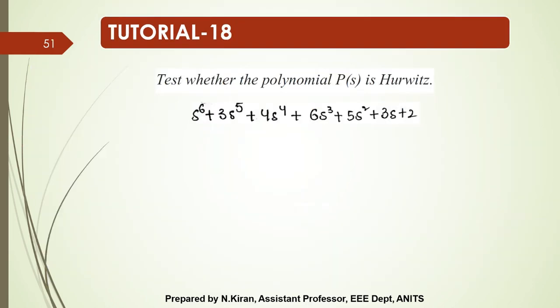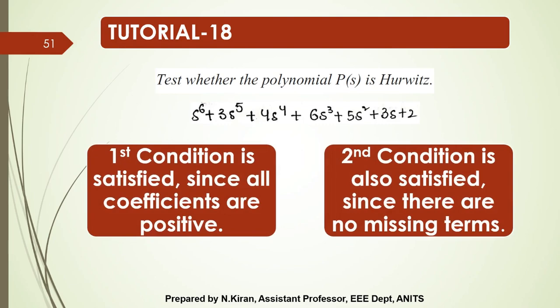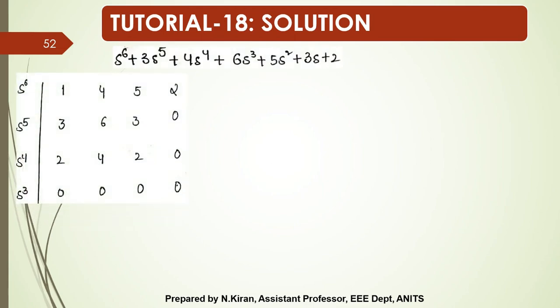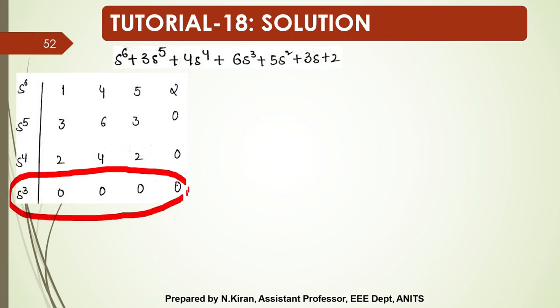So here, this is another interesting tutorial. Anyhow, the first two conditions are satisfied. So using the formula, when I try to construct my Routh table, I'll once again get a row of zeros. When I get a row of zeros, you know the procedure: find the auxiliary equation.